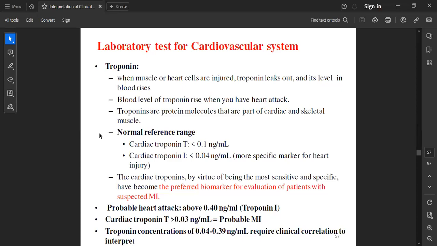There are two types of troponin: cardiac troponin T and troponin I. The I is a more specific marker for cardiac injury. So they are the most specific, especially troponin I, and it's the most preferred for confirmation of a cardiac event.